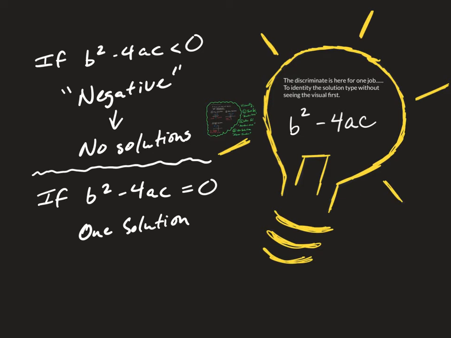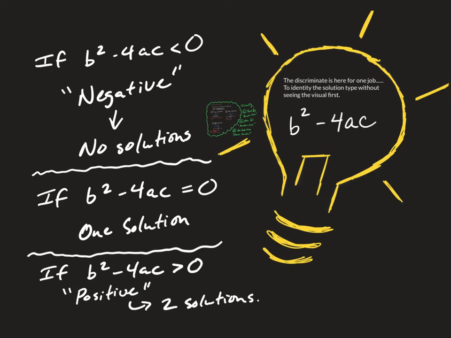If your discriminant is positive, that means you will have two solutions. So when you see b squared minus 4ac is greater than 0, that's basically saying if your discriminant is positive, you will have two solutions.